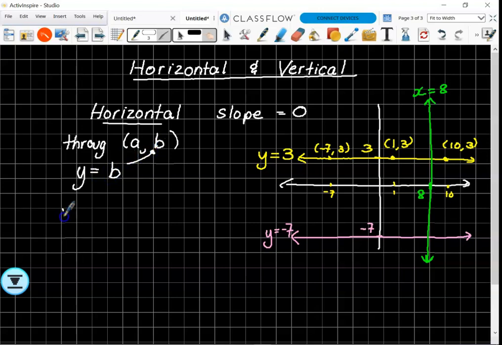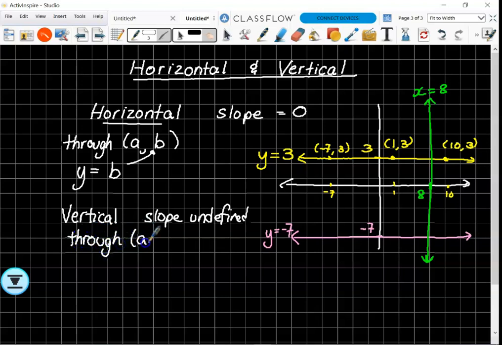And if I have a vertical line, we know that the slope is undefined. And let's say it's passing through, once again, the point (a, b). This time my equation will be x equals whatever the x value is. Capiche?